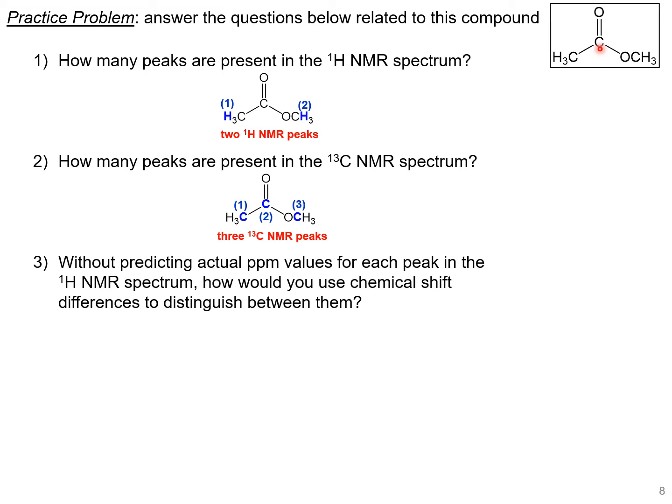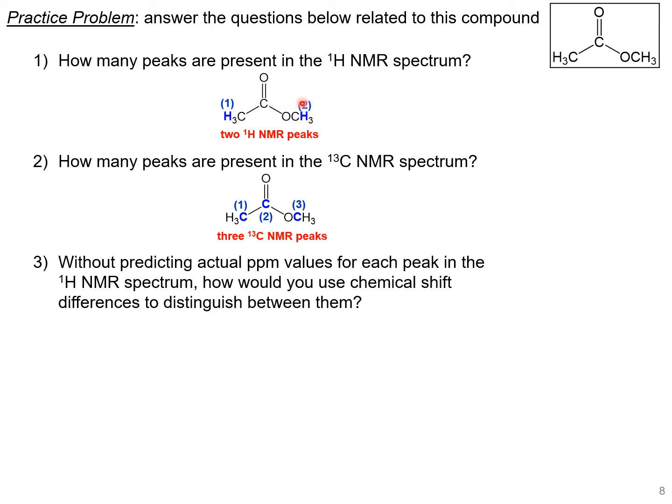Without predicting the actual ppm values for each of the peaks in the proton spectrum, how would you use chemical shift differences to distinguish between those 2 peaks? Well, we already said there were 2 types of hydrogens, and therefore 2 peaks in the proton NMR. And the way we distinguish them is that we have hydrogens on a carbon attached to oxygen, and we have hydrogens on a carbon attached to the carbonyl.